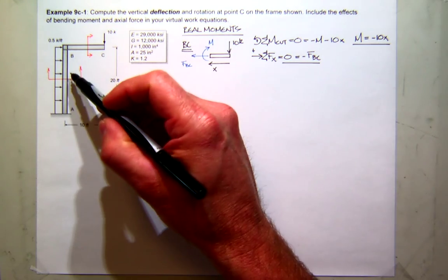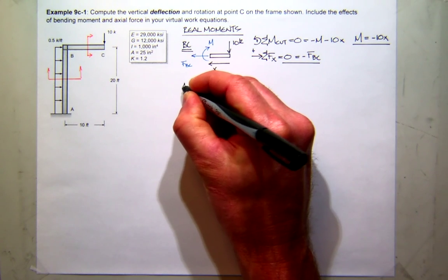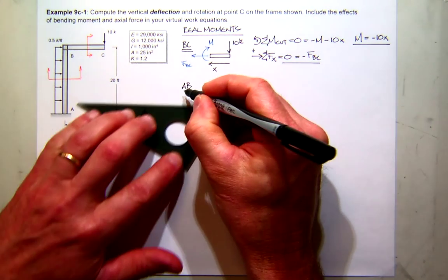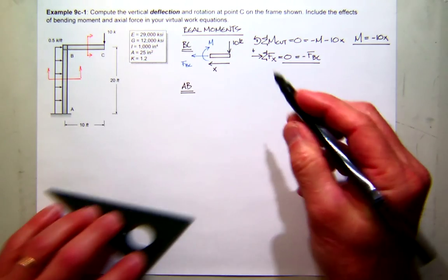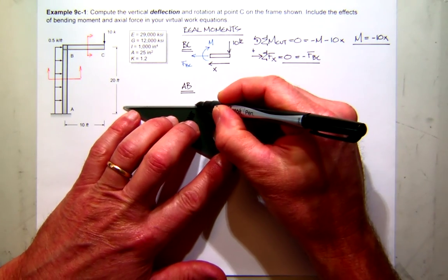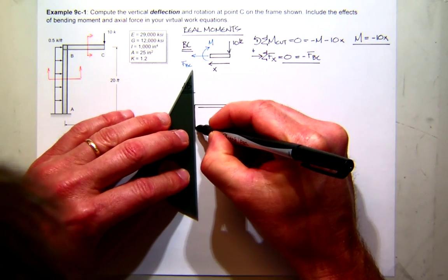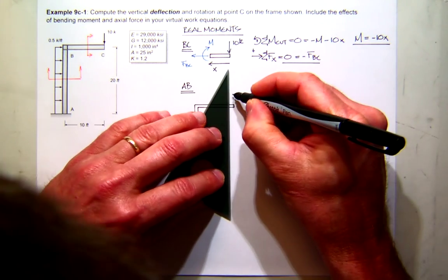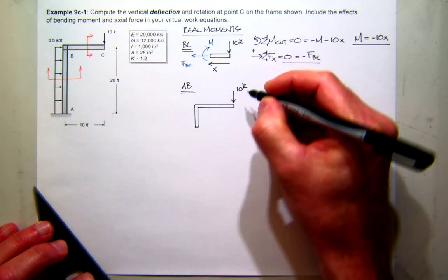So now let's look at the next section, the section from A to B. Now from our previous discussion, we've already decided to work the top section. So let me sketch that out real quick. So over here on the far right, the cantilever section, I've got my 10 kips.